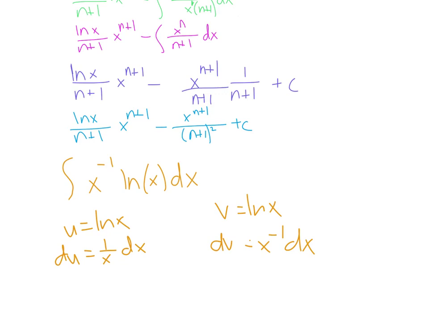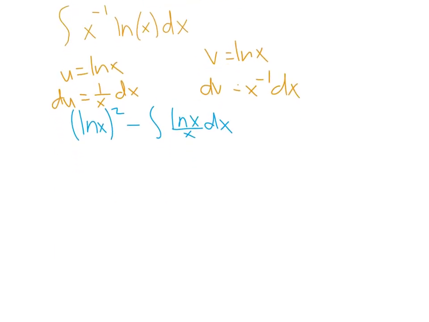So then I would have natural log of x squared, because that's uv, minus the integral of v, natural log of x, du over x dx. And then we have to integrate that natural log of x over x.